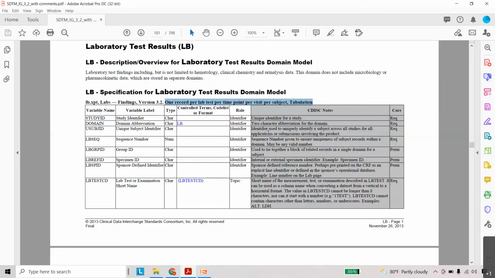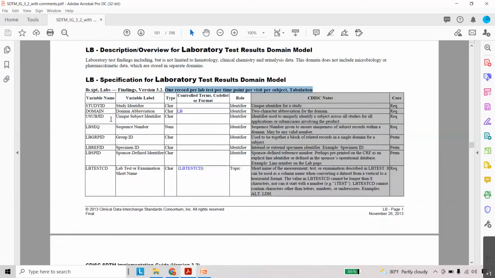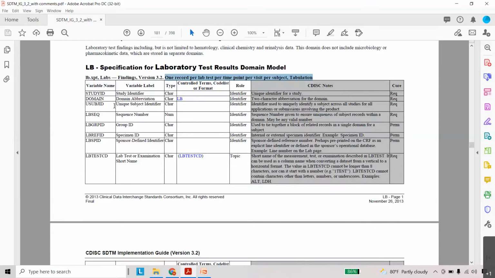So at the ADaM level, this data set is called ADLB, the laboratory analysis data set. Now we will see the SDTM IG 3.2 laboratory test results. As said, if you see the table, the same seven columns: name, label, type, controlled terminology, role, notes, and code.